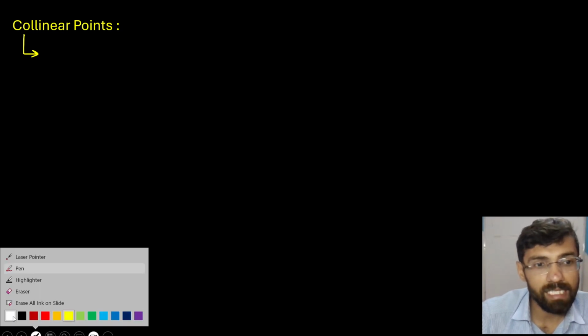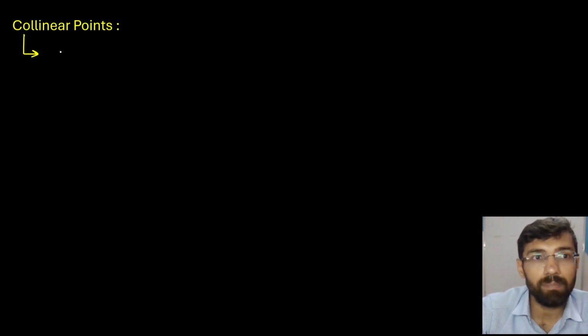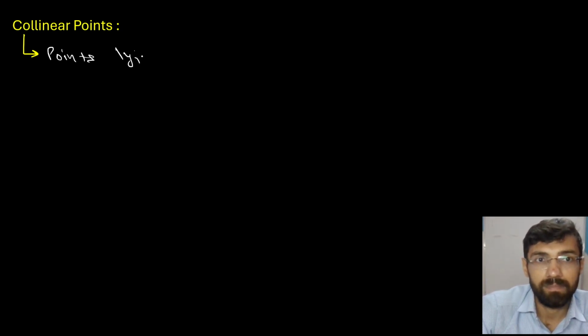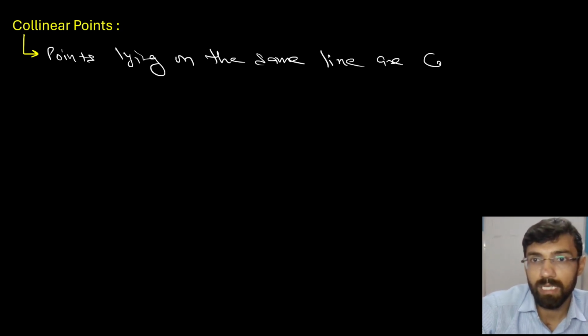One more concept we have to understand is about collinear points. The definition of collinear points is like this: points lying on the same line are called collinear points.